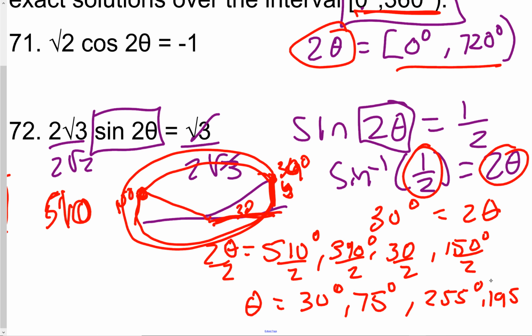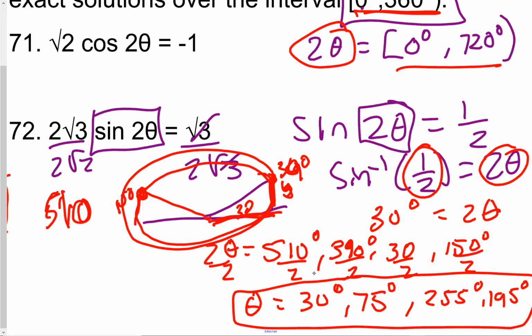So those are all those 510, 390, 30, and 150 divided by 2. Okay, so those are our answers. So you're going to do a similar thing here too. Double your range, and then solve for the double angle, and then once you have all those answers, divide all those by 2.